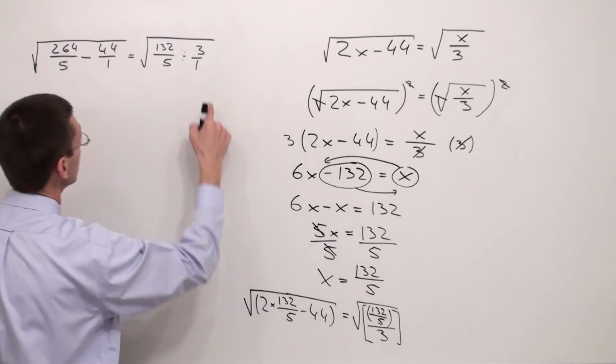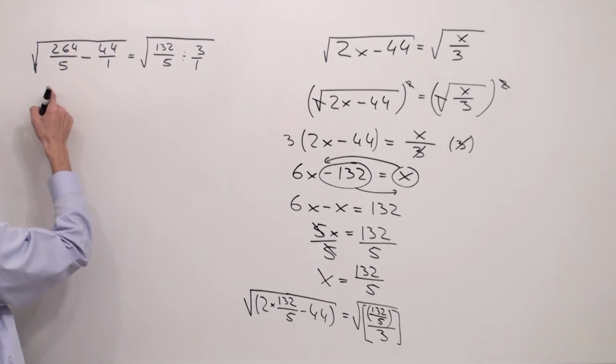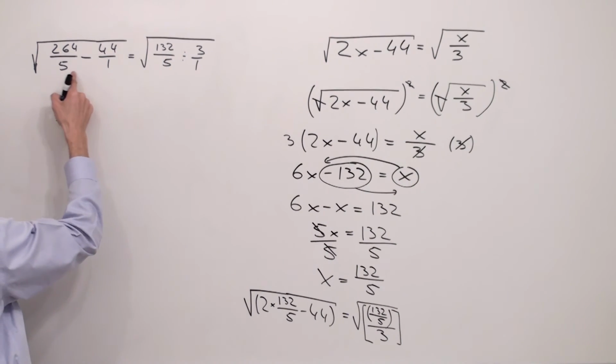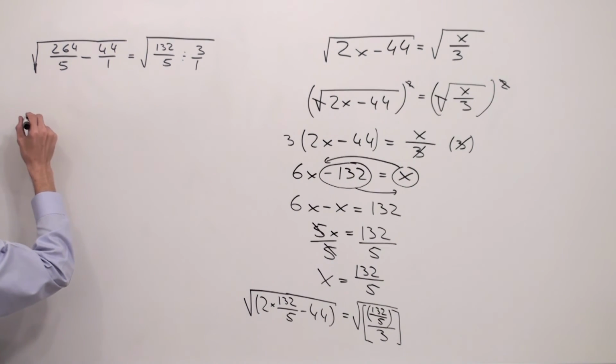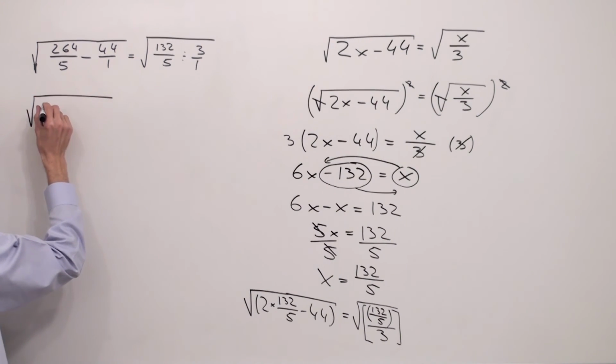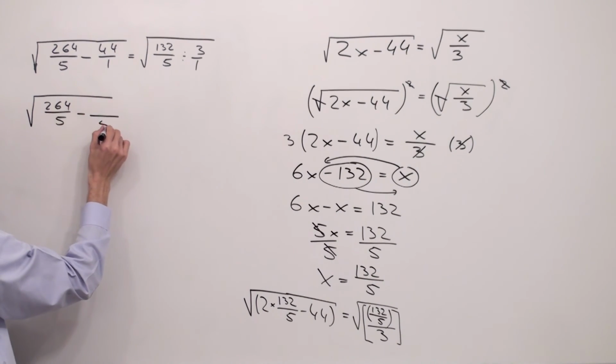And I convert 3 to a fraction also. Next, we have to subtract these two fractions. In order to subtract them, you're supposed to find the common denominator. The common denominator for these two fractions is 5. 264 over 5 minus 5.